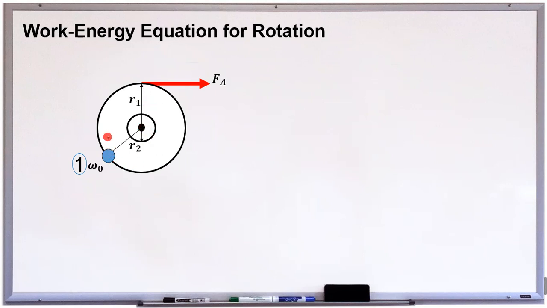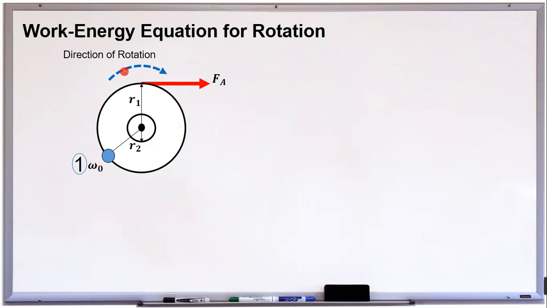Suppose this object already rotates at an angular velocity equal to w naught. So w naught is the initial angular velocity. Again, the applied force here produces a moment that consequently will produce a rotational motion of our object.